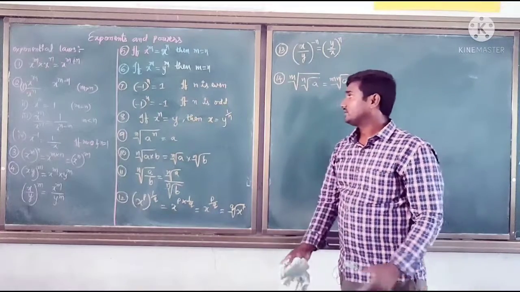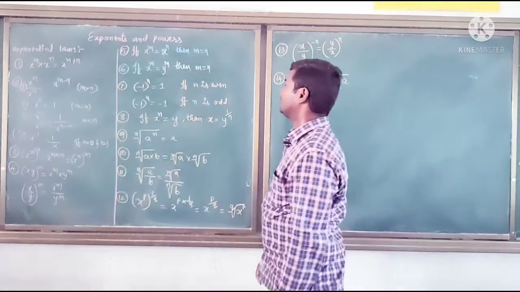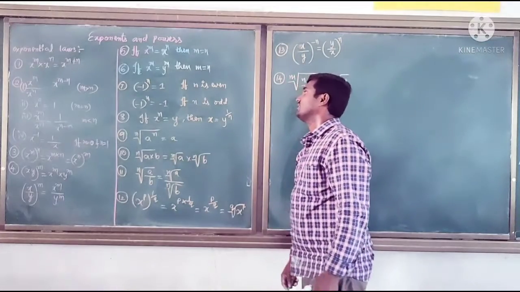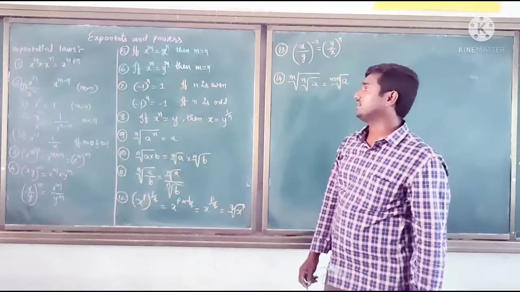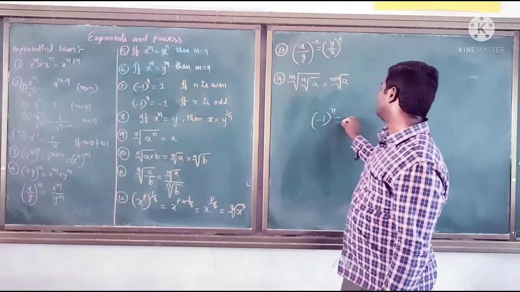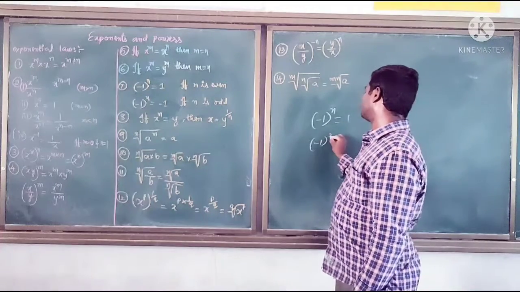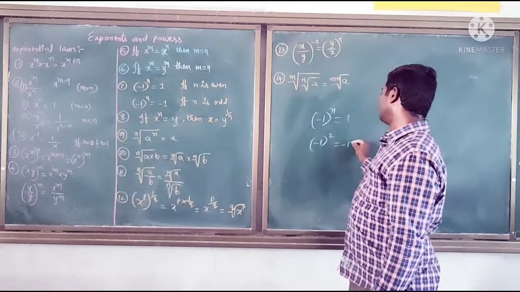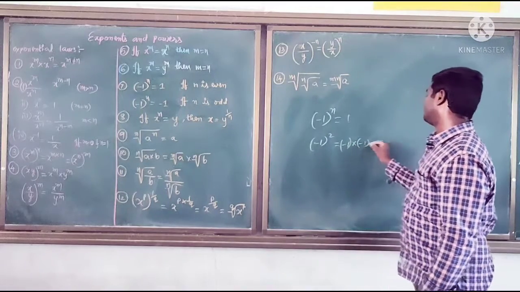Next formula, formula number 7. Minus 1 whole power n is equal to 1 if n is an even number. If n is an even number, then minus 1 whole power n is equal to 1. If we take an even number, minus 1 whole power 2, this means minus 1 into minus 1, minus into minus, plus, 1 into 1, 1.